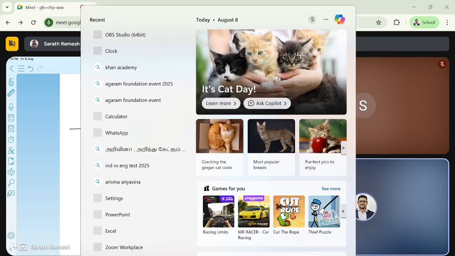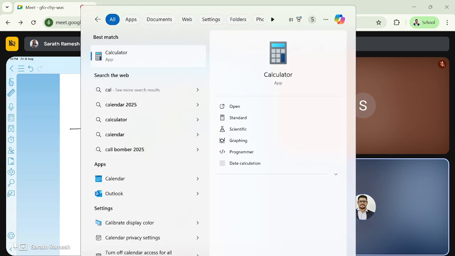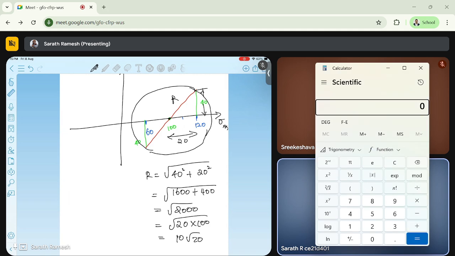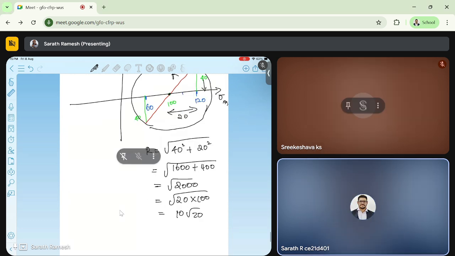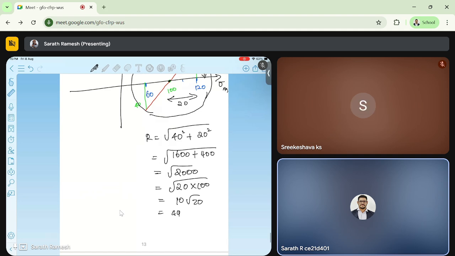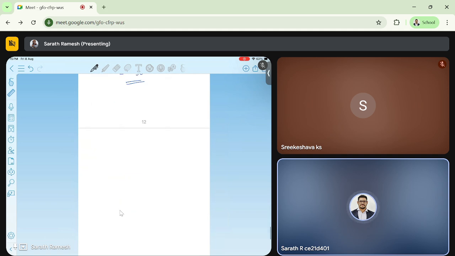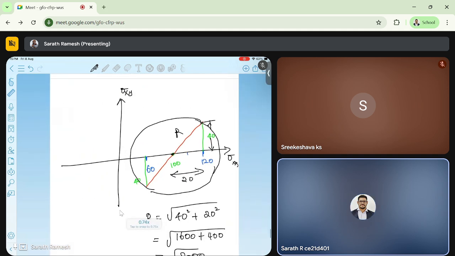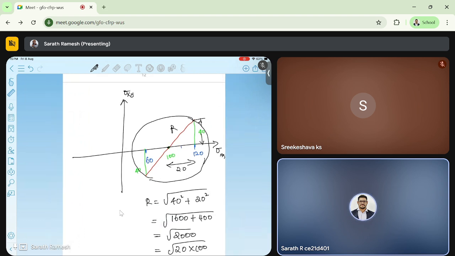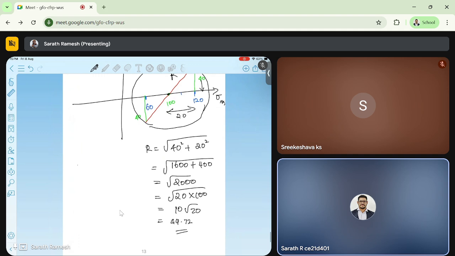Let me find this value. 44.72 I'm getting. But this radius should be equal to the maximum shear stress, right? So we should get 50, as per this question.